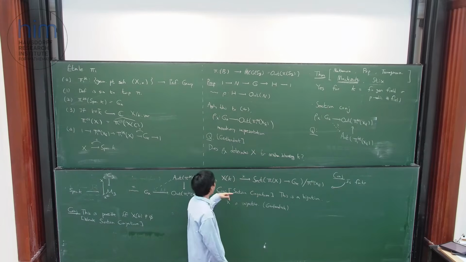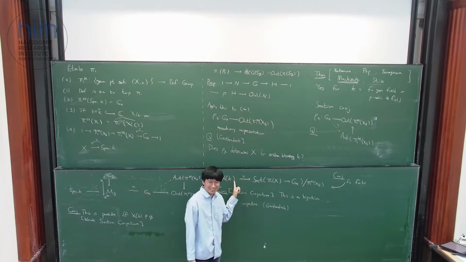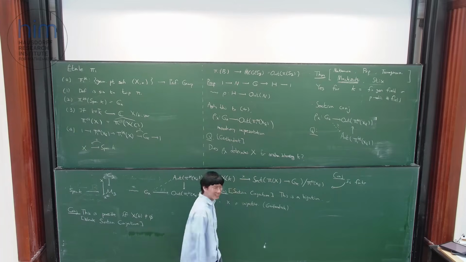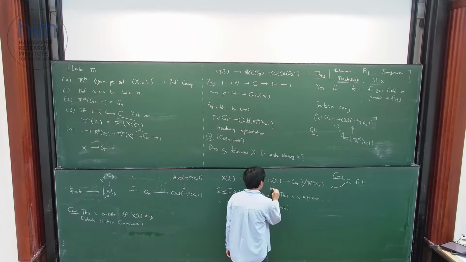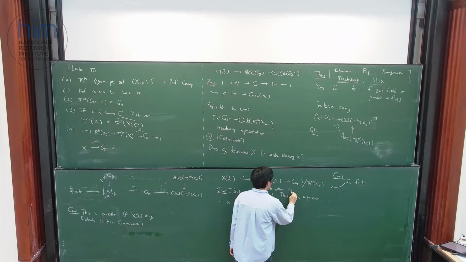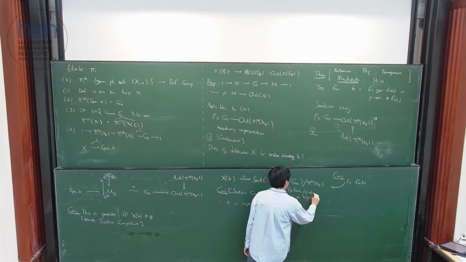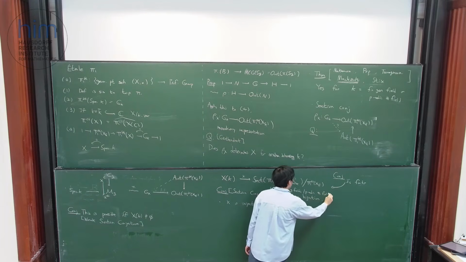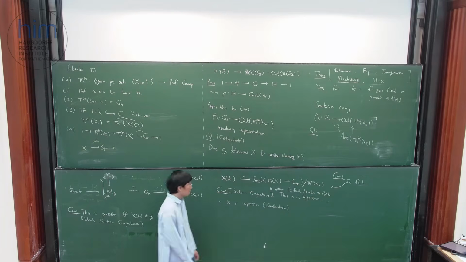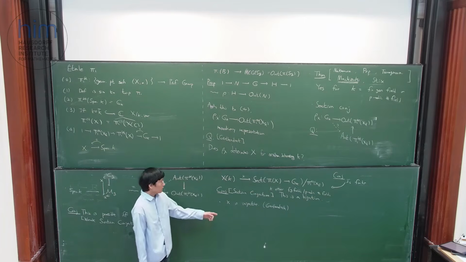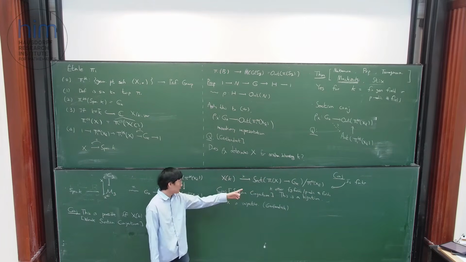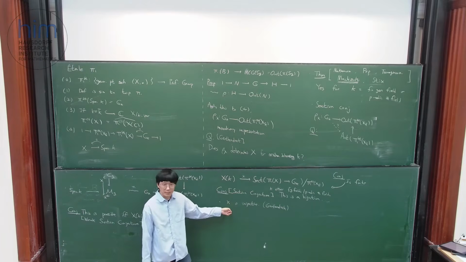Okay, I realize that I did not specify the base field, so I'll just say that k is either a finitely generated field or a p-adic number field. For this kind of field, we know that kappa is injective.